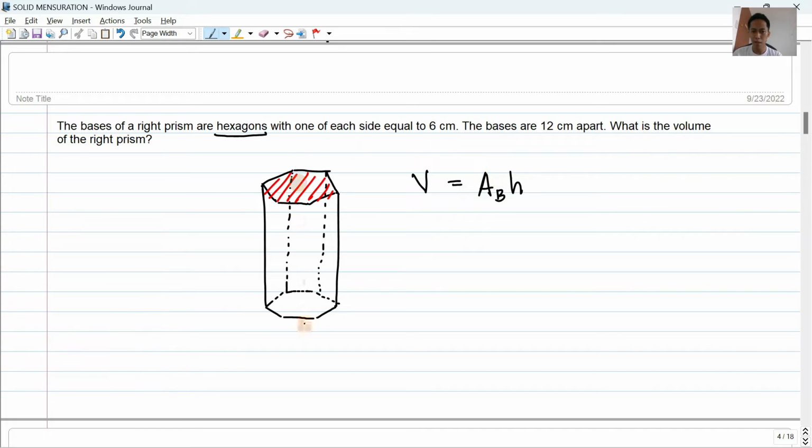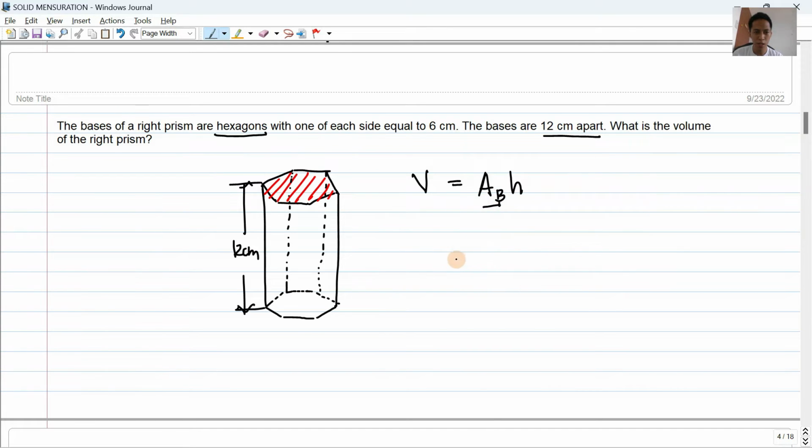So, ang hahanapin lang natin dito is area ng base, kasi yung height natin is given as 12 centimeters. So, these bases are 12 centimeters apart.